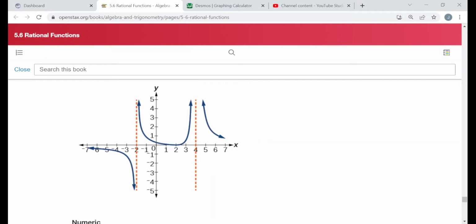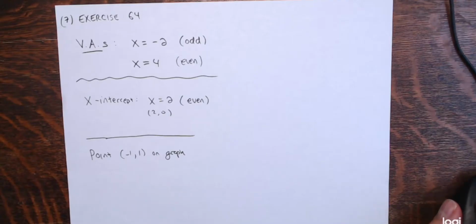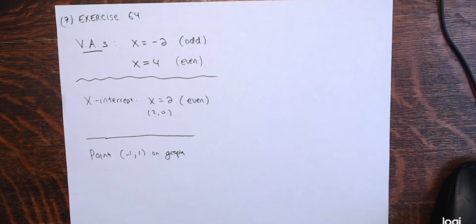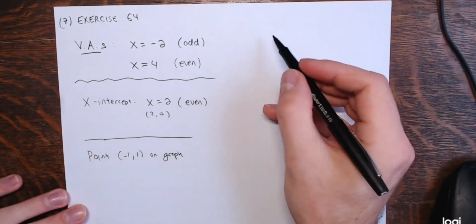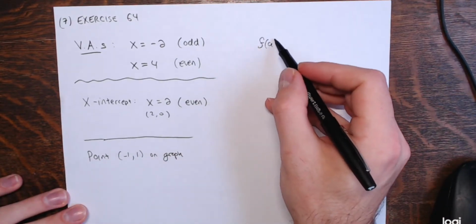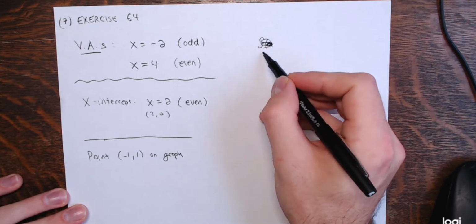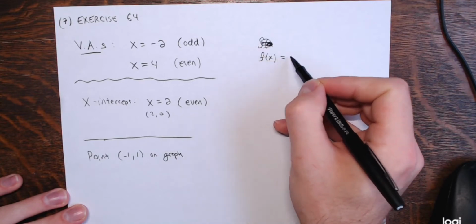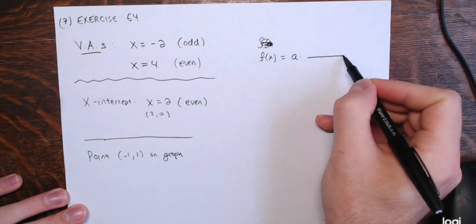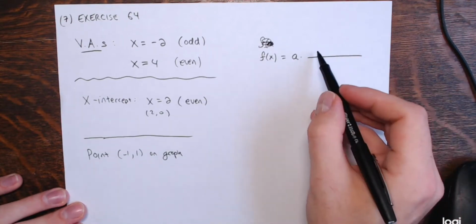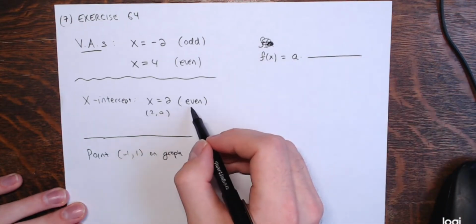Alright, so back to my paper. Sorry about all that struggle with my mouse there. Same setup, f of x equals some scale factor a times a fraction. x equals 2, but with an even multiplicity, right?